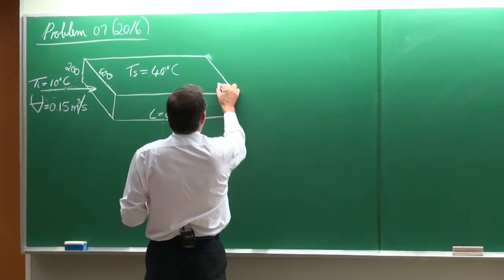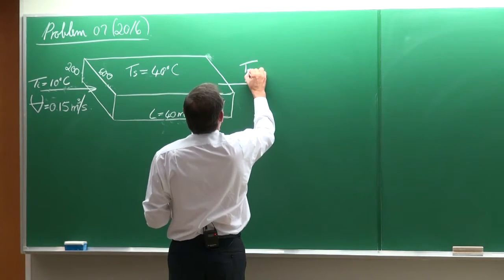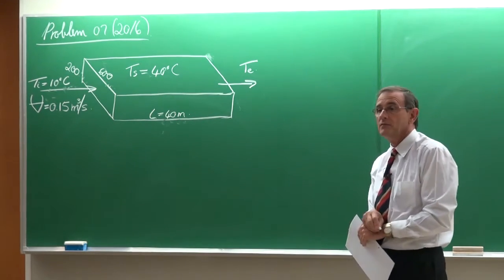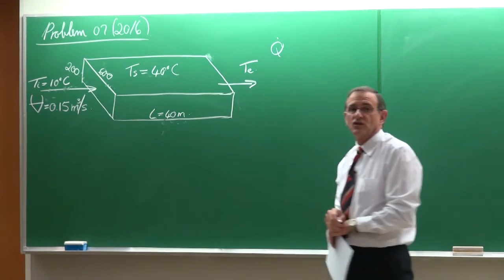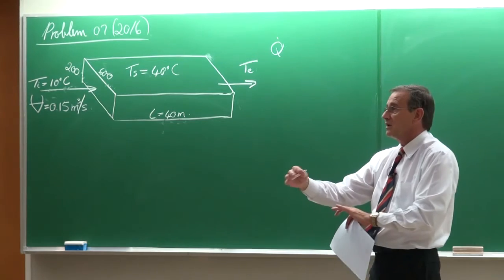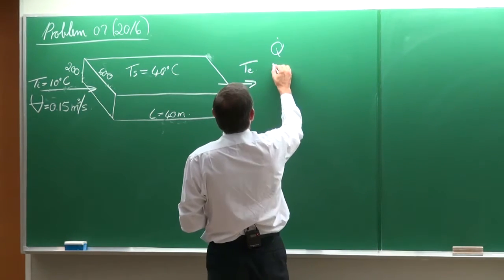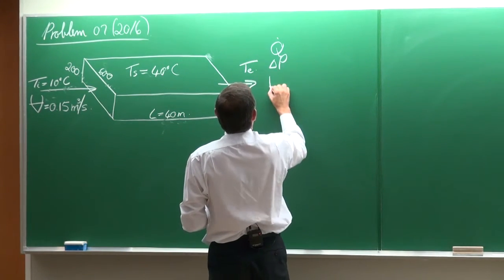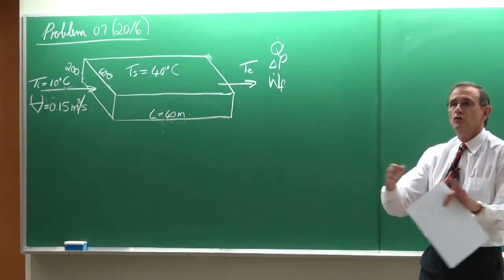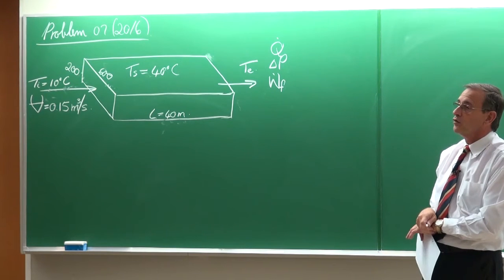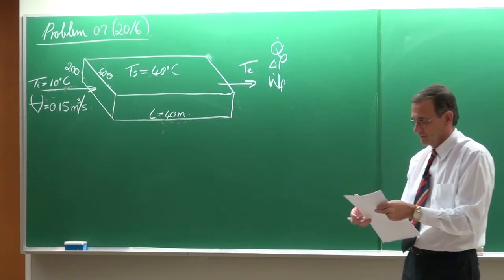So what we have to do is to determine the outlet temperature and the heat transfer rate, how much heat losses there will be through the duct, the pressure drop, and also the fan power required to move the air through this duct of 40 meters in length.